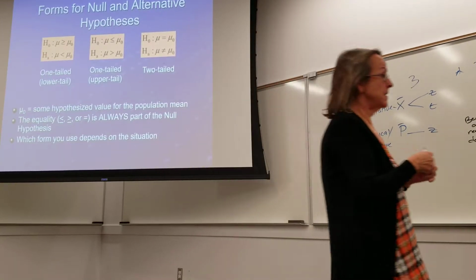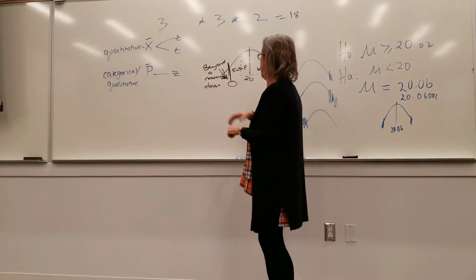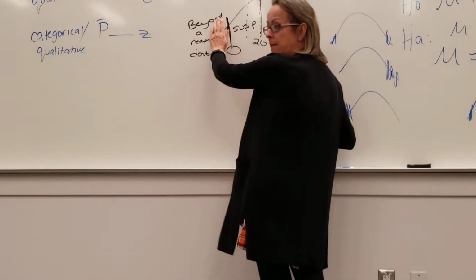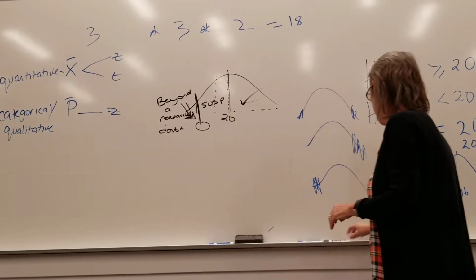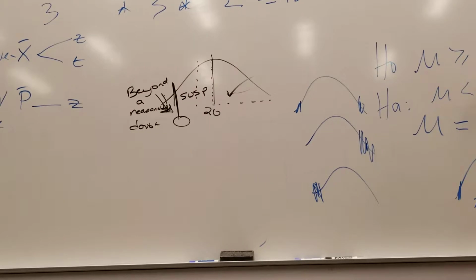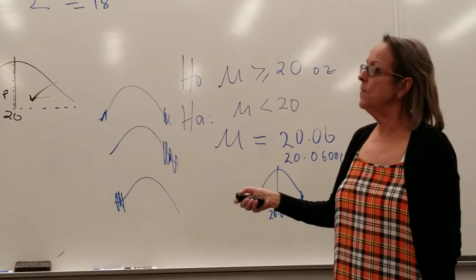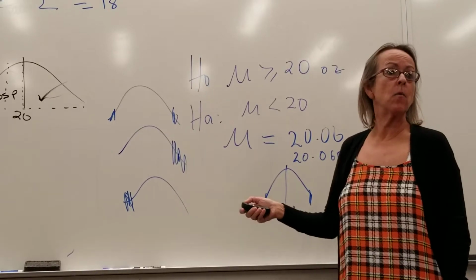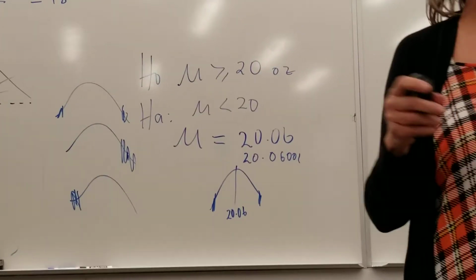That's the difference. So here's the suspicious, here's the beyond a reasonable doubt. We're only going to find him guilty if we can get him down here beyond a reasonable doubt. So if they're claiming greater than or equal to 20 ounces, the only way I can prove them wrong is if I get something way down low, statistically significantly different down low.